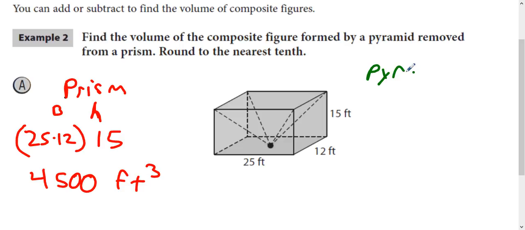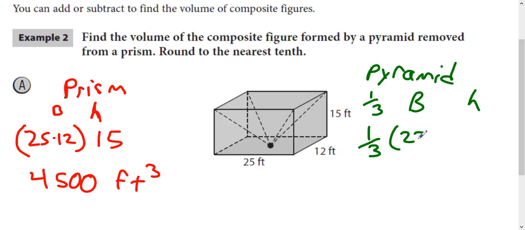Then for the pyramid, it's very similar, except it's 1/3 base times height. So do 1/3 the area of the base, it's the same, 25 times 12, because it fits perfectly. Times the height is also the same, because it's got the exact same height, it fits perfectly.